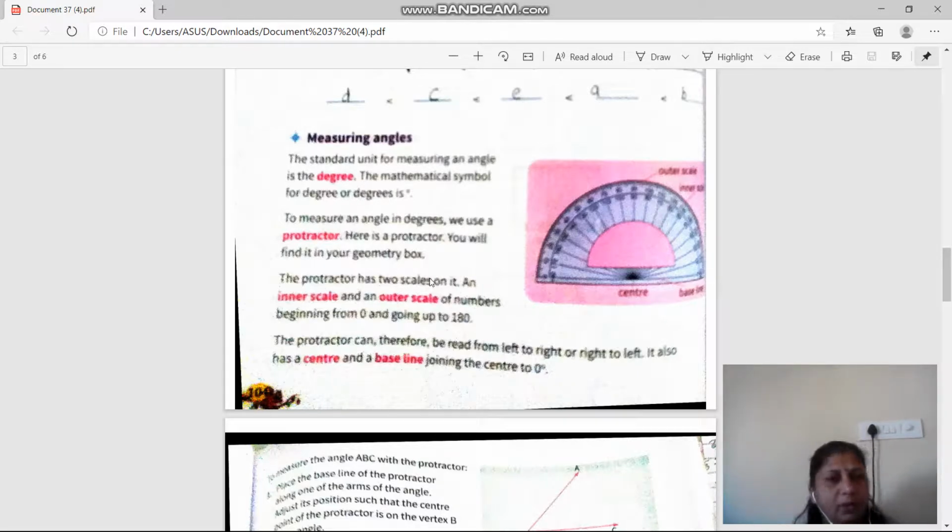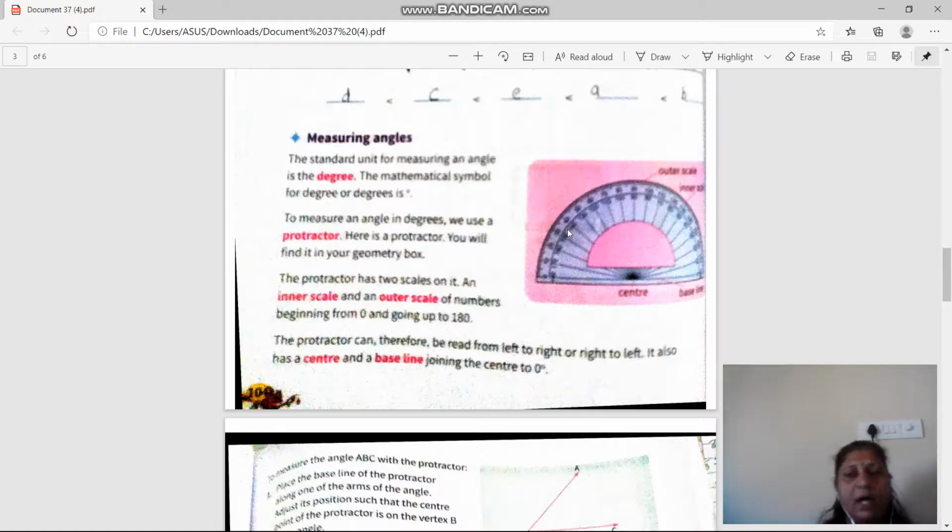Your geometry box has a scale, two set squares and this protractor. The protractor has two scales on it. It is a semicircular shape and it has two scales. In this picture we can't clearly see, but you can see in the book.